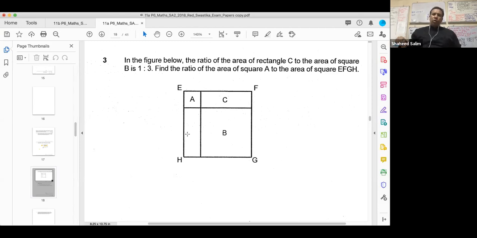Okay, you got to draw this, and then my clue is to cut it up. Cut it up.